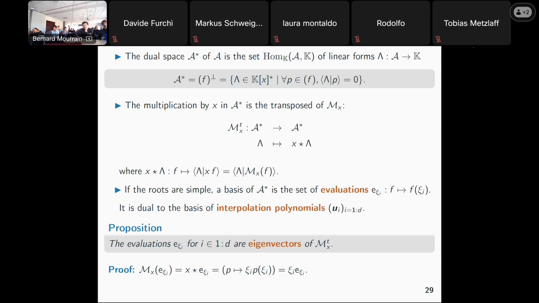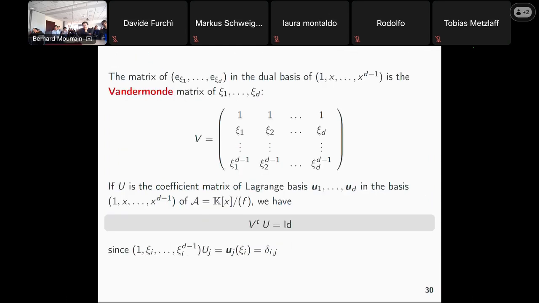So it's ci times ci, and this is obviously equal to ci times the evaluation at the root. So we see very easily that these eigenvectors are the evaluations.